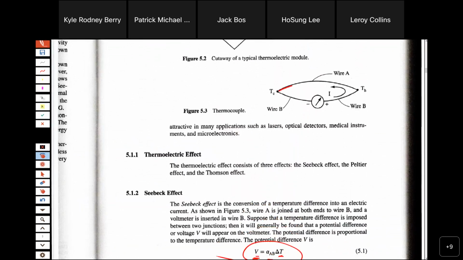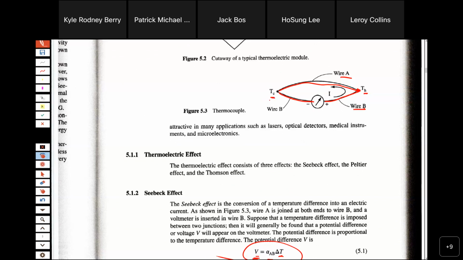This is wire A and wire B, just a different wire, and we measure the voltage. One side is hot, the other is cold.